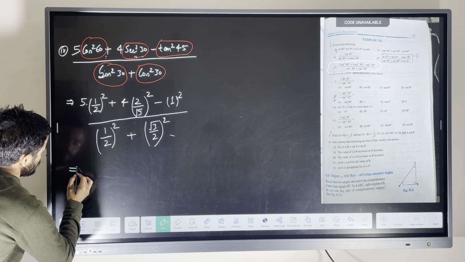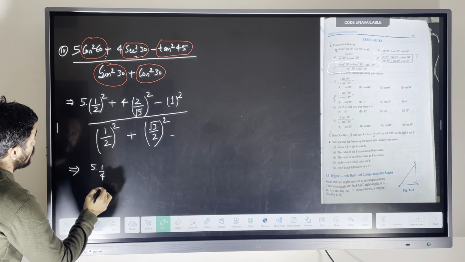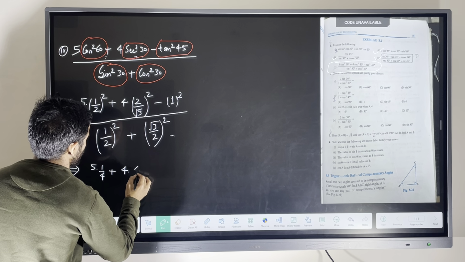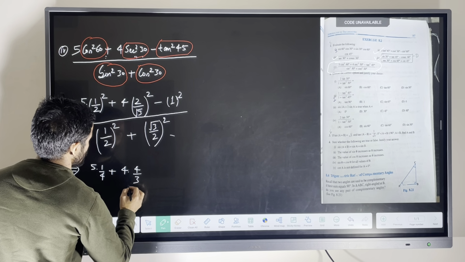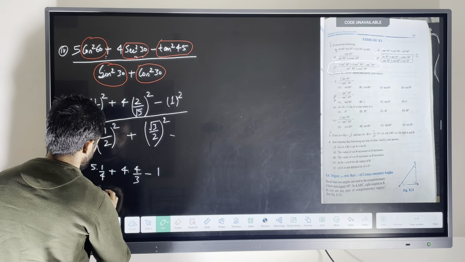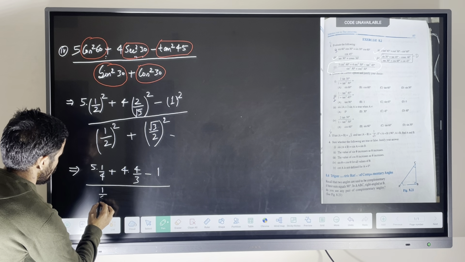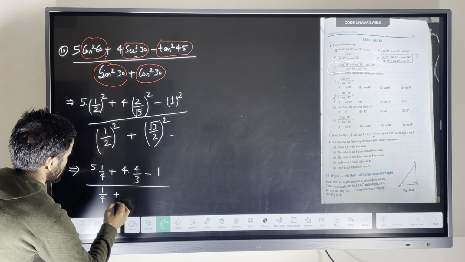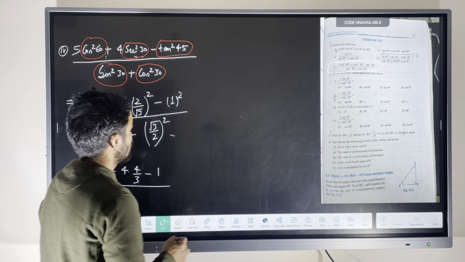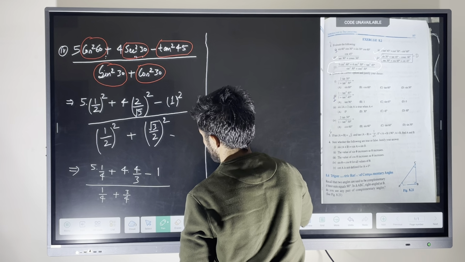So now solve this question. 5 into 1 by 4 plus 4 into 4 by 3 minus 1, upon 1 by 4 plus 3 upon 4. Now solve this.